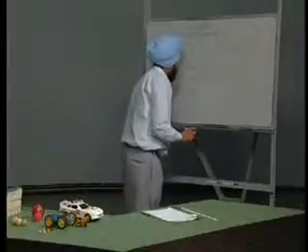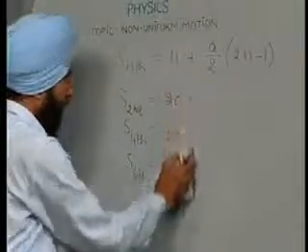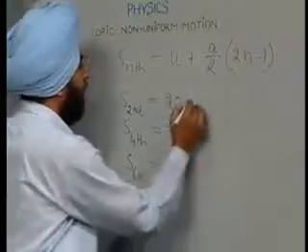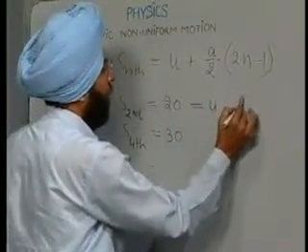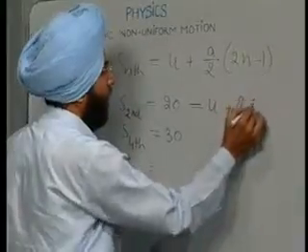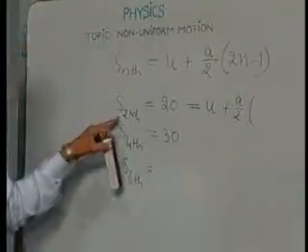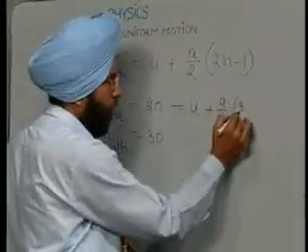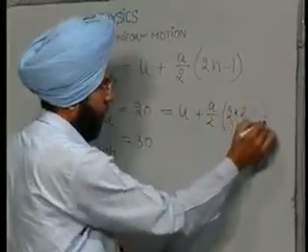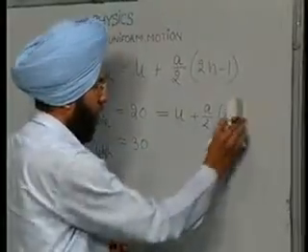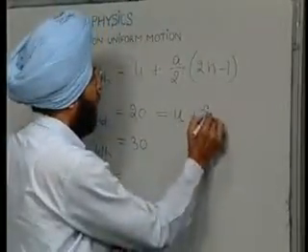We can write the formula u plus a by 2 into 2n minus 1. Here n is equal to 2, so this will be u plus a by 2 into 2 into 2 minus 1, which is 3 a by 2.